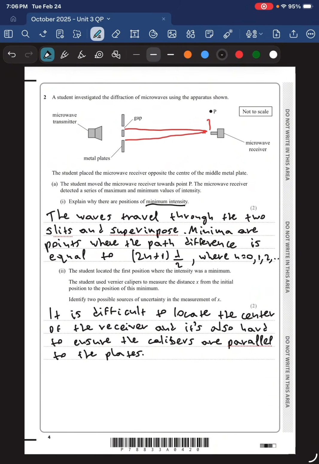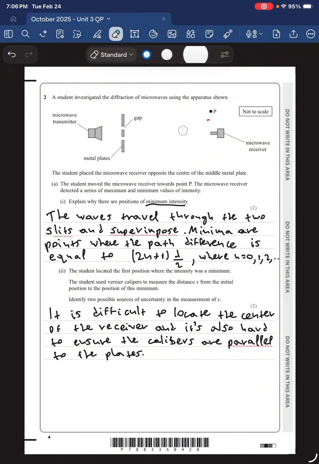So that's a possible answer, I guess, because you will have to put the calipers right here. Let me erase. So you will have to somehow put the calipers right there, try to adjust them, and then move it across, parallel to the plate.